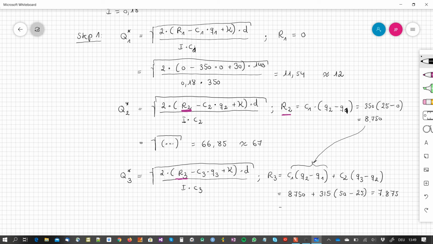So in total we get for that price 16,625. This is our R3 that we need to plug in.